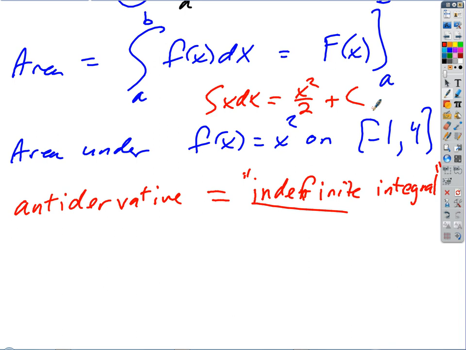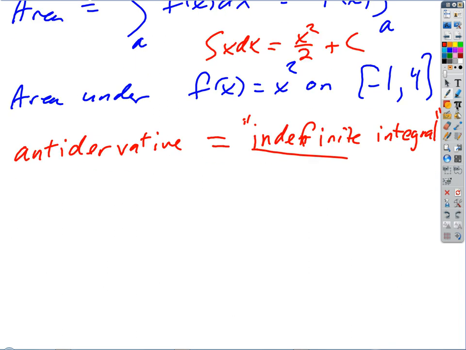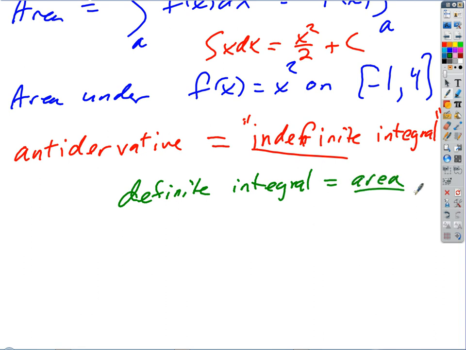But when we're trying to find an area under a curve, that becomes a definite integral because now we're going to evaluate that over known limits of integration, what we call them. So this goes from an indefinite integral to a definite integral. So definite integral equals area.